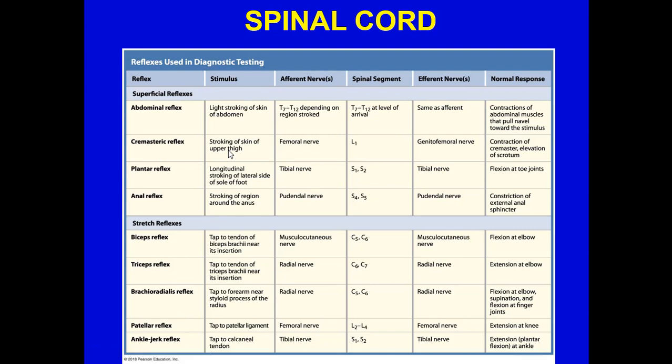There are a variety of them, and they give you an idea of the nerves that are involved, the normal response, the reflex involved, and how to do the stimulus. Okay? I encourage you to take the time to do the superficial reflexes and the stretch reflexes.